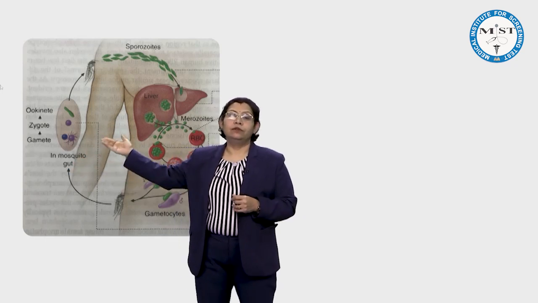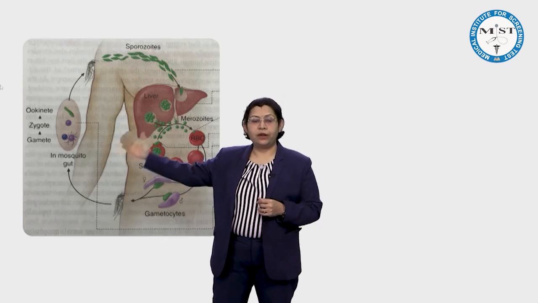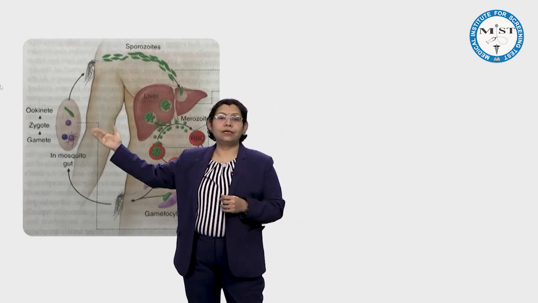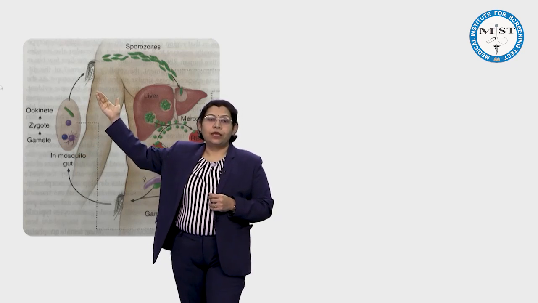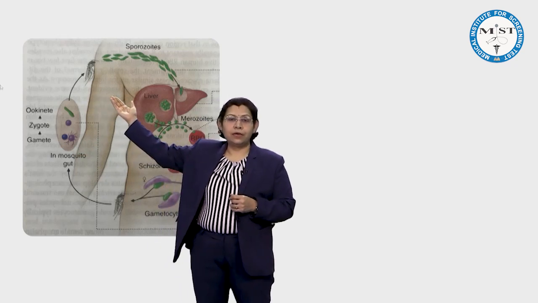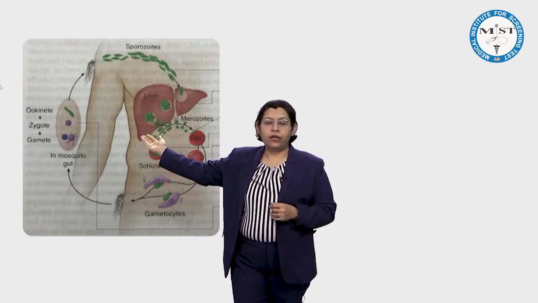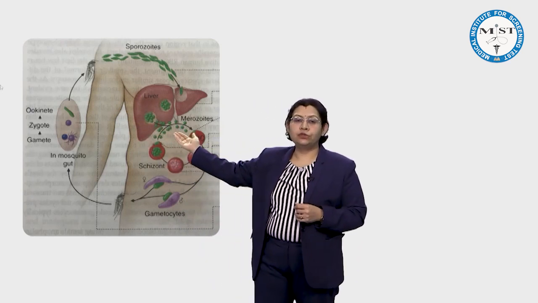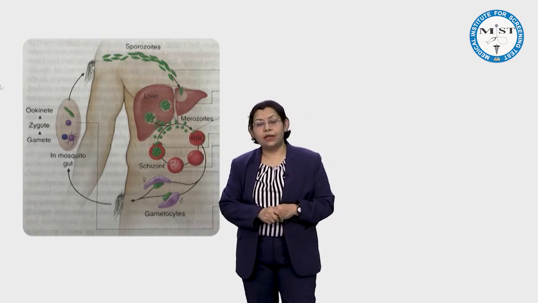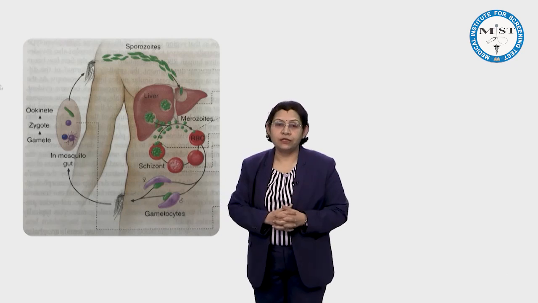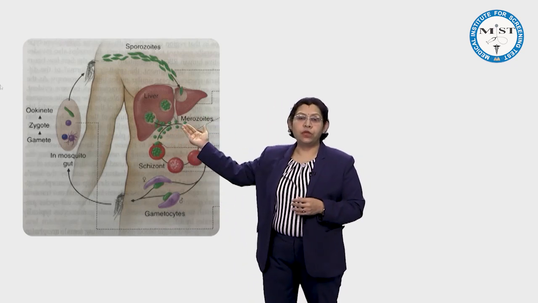It is the cyclopropagative cycle. We had already discussed this point. When this mosquito bites another healthy person, these sporozoites enter the body and first reach the liver, where they pass through the hepatic cycle or pre-erythrocytic phase and affect the hepatocytes, leading to liberation of merozoites.